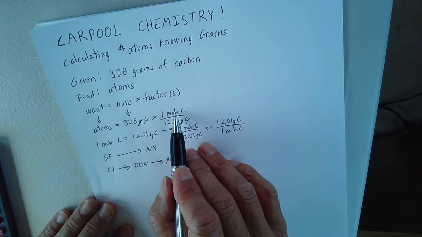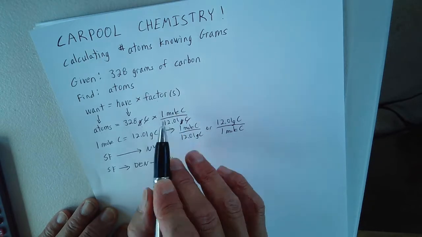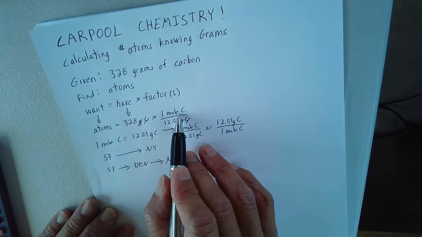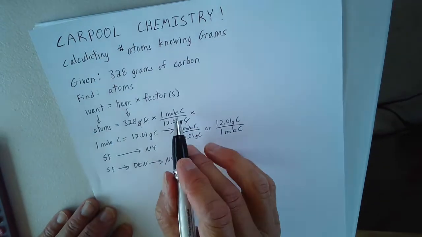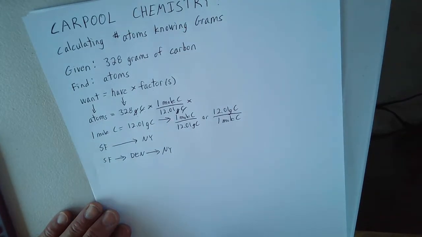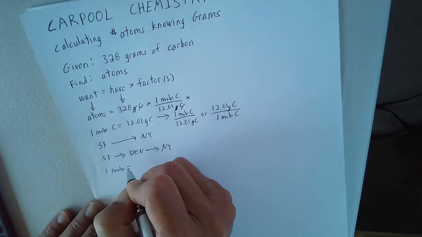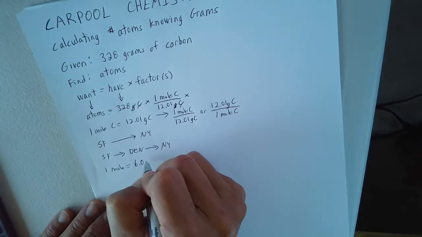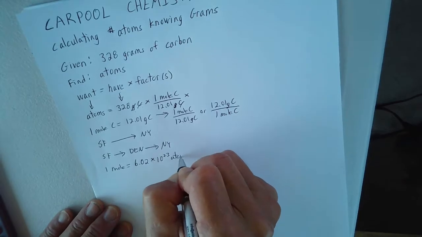But we still have not arrived at our final destination yet, because we want to have atoms and not moles. And so now we will need to multiply it by one more factor that relates moles to atoms. How many atoms are there in a mole? We know that 1 mole is equal to 6.02 times 10 to the 23rd atoms.